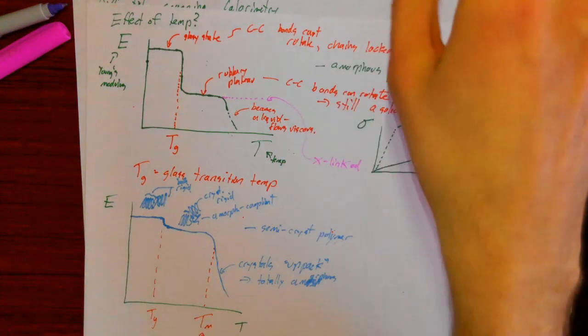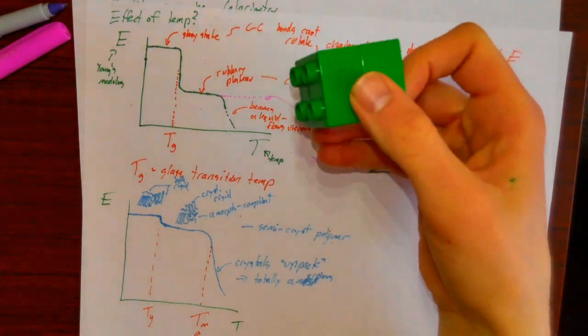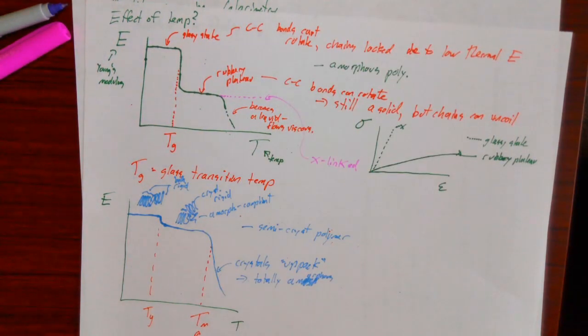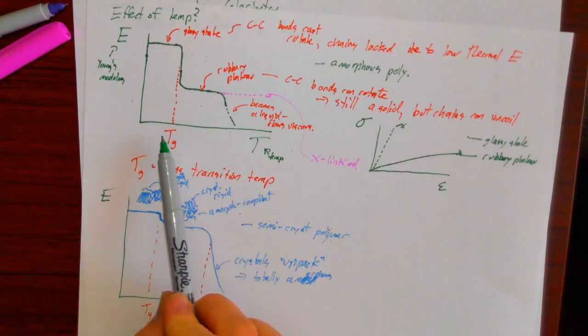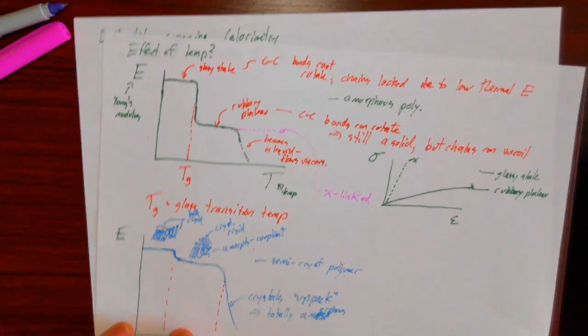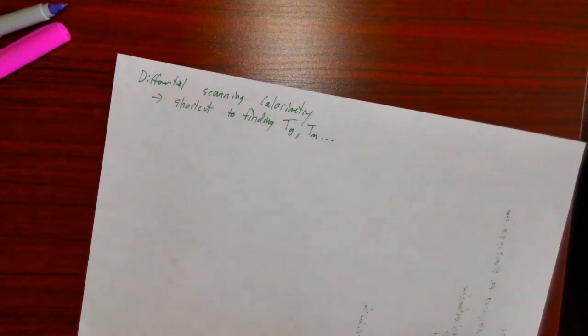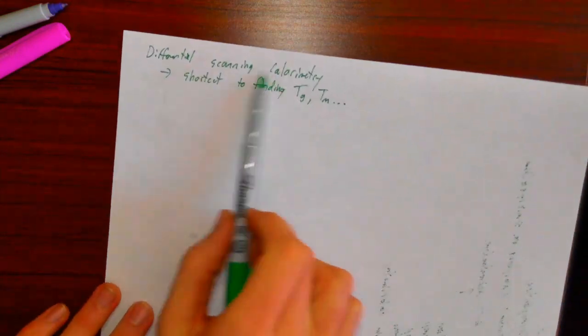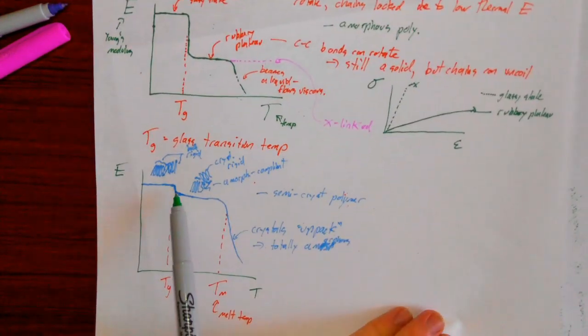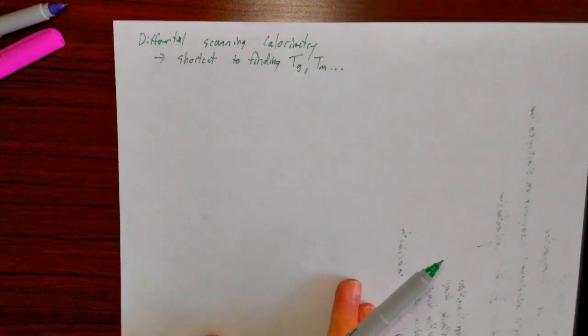And you can imagine, if you're tinkering around with different recipes for plastics or polymers, it would be nice if you had a way to just know when some of these important temperatures are going to occur. So it turns out differential scanning calorimetry won't give you all of the information of this plot right here, but it's a shortcut to finding these important temperatures, the Tg and the Tm and stuff like that.